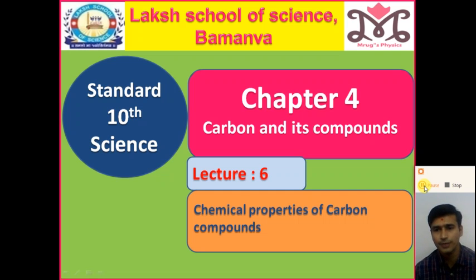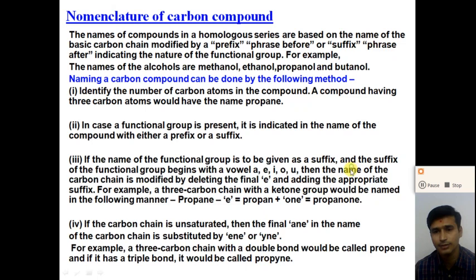In this video, we will have a brief review of how the nomenclature of carbon compounds is done, and then we will discuss the chemical properties of carbon compounds. So dear student, naming of carbon compounds is a very important point, right? So let us start with the nomenclature of carbon compounds, or how the name of a carbon compound is formed.